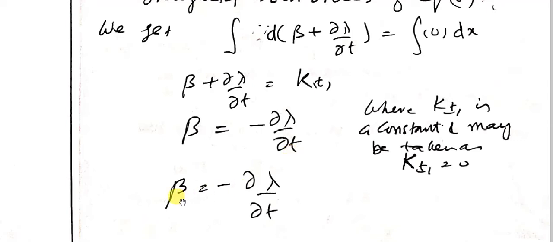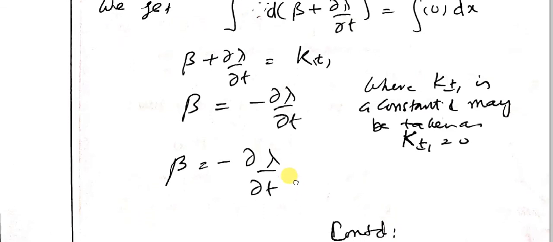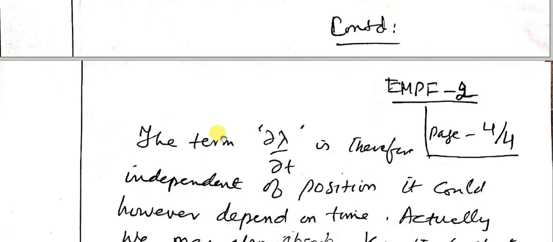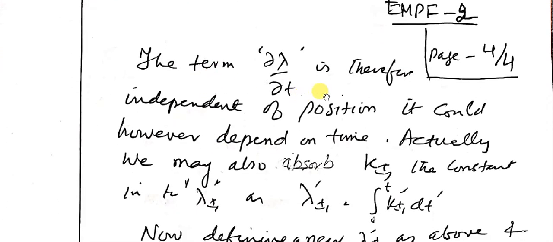So β is the value which we have found for this scalar potential U, the additional change taking place for β. When the original U is changed to U prime, then this β is taken into account. The term ∂λ/∂t is therefore independent of the position. It could, however, depend on time.